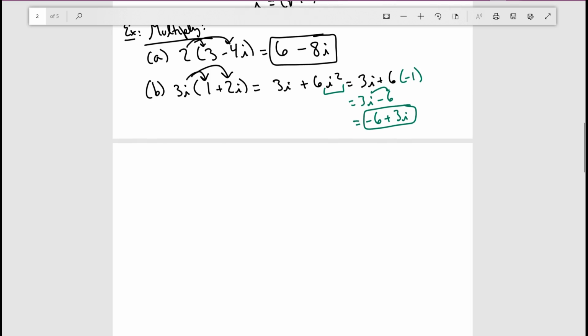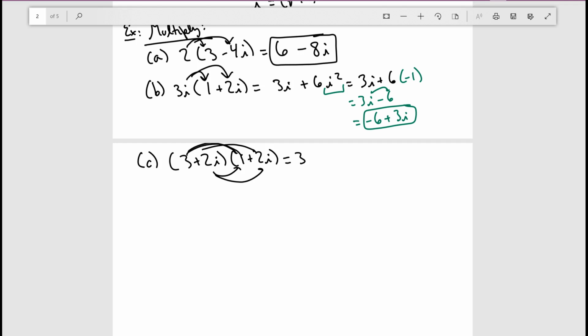All right, let's do two more. So let's say we had 3 plus 2i times 1 plus 2i. You have a complex number times another complex number. So what you want to do is FOIL this out, just like we've done before. So 3 times 1 is going to give me 3.